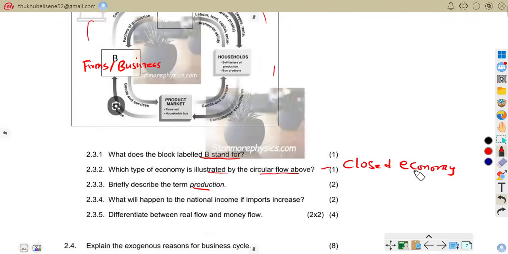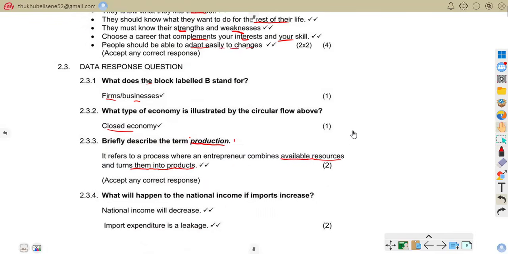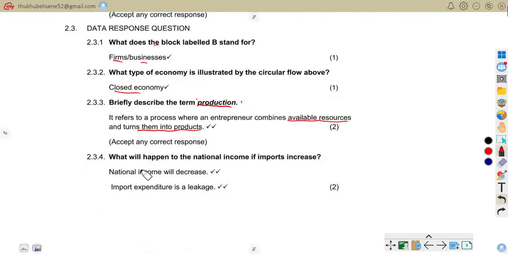2.3.4. What will happen to the national income if imports increase? So let's quickly go to our answers. National income will decrease.